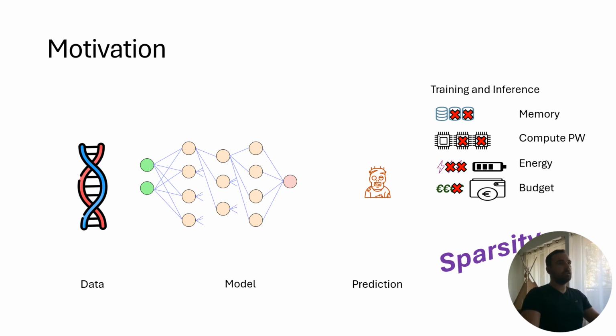And in addition, as we're going to see in our results, most of the time when you apply sparsity methods while training, you obtain a model which is stronger and more robust, so potentially a higher accuracy in your predictions.